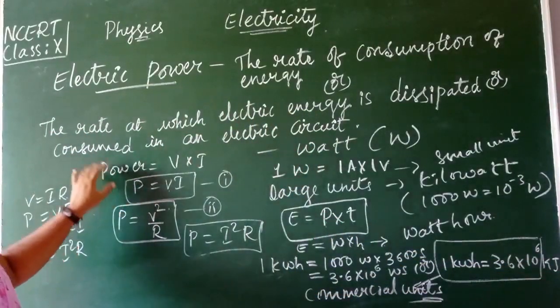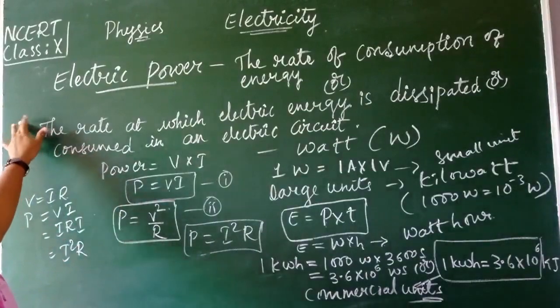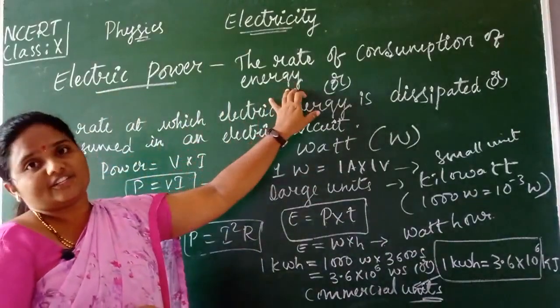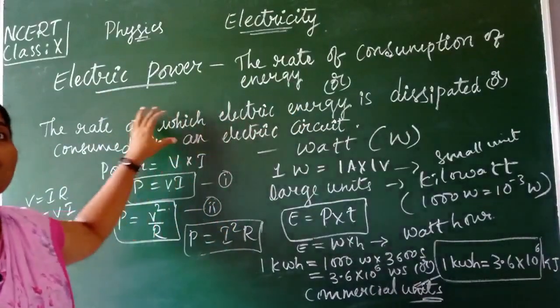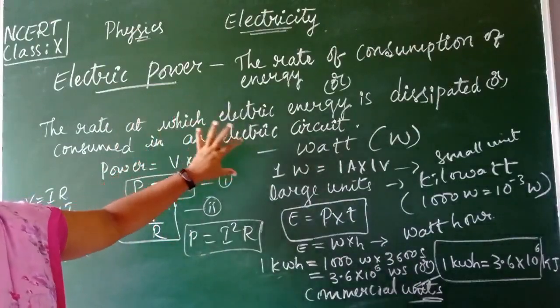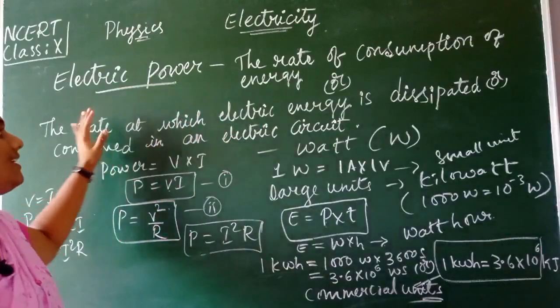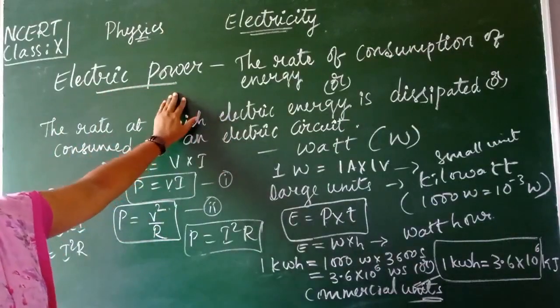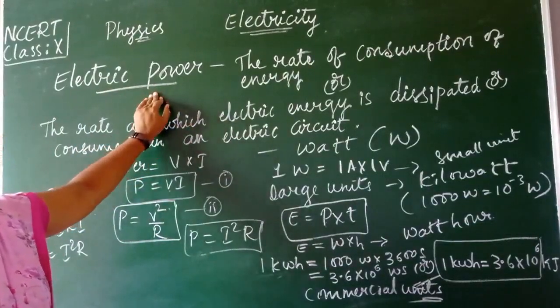Watt. And the definition of it clearly says that the consumption of energy, how much energy we have used in order to make the electrons move in an electrical wire, that is called electrical power, or simply electric power.